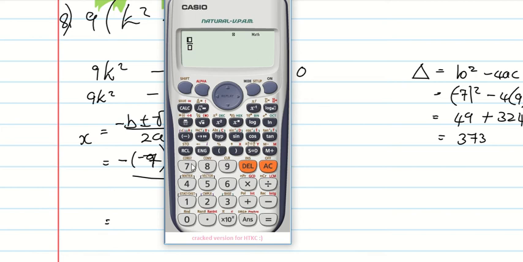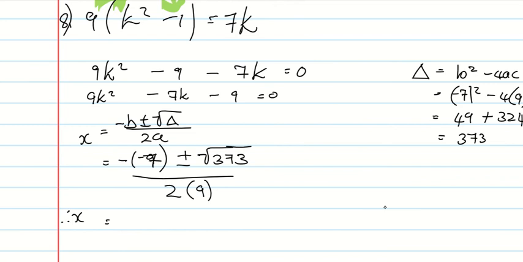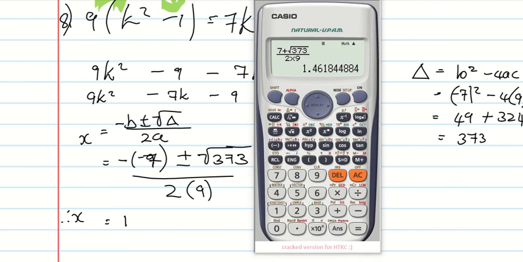So that becomes a positive 7 plus square root of 373 over 2 times 9, and my answer will be that right there. And if I convert this, x is therefore equal to, what was that answer now? 1.4618.